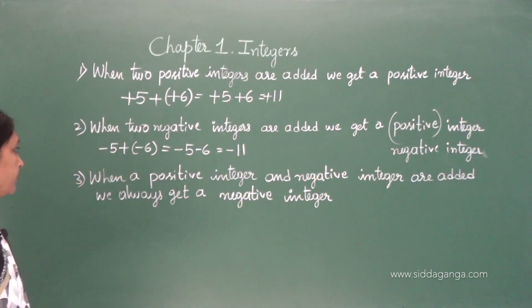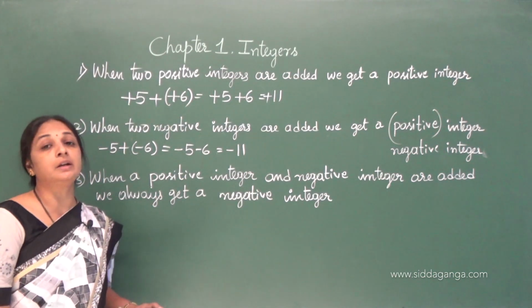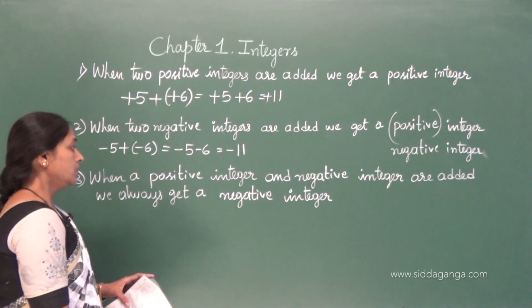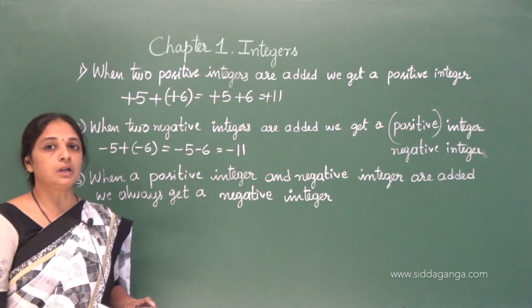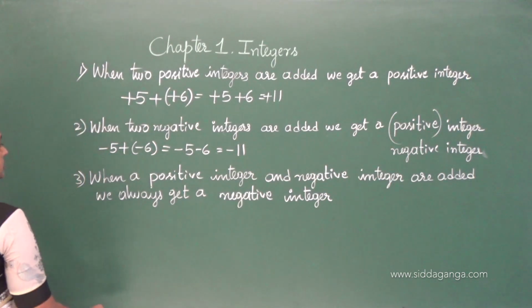So think about what they have given: when a positive integer and a negative integer are added, we always get a negative integer. Let's take two examples for this.